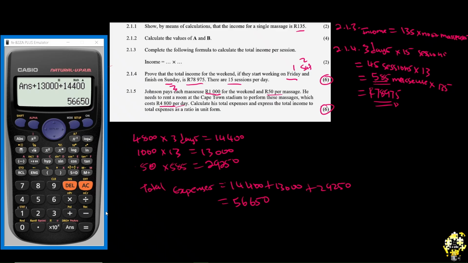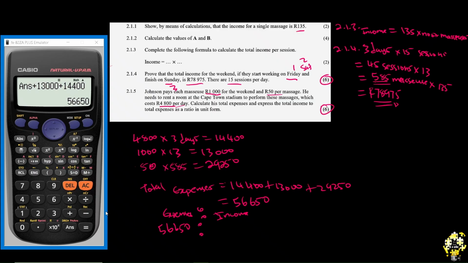Now they said that we should express total expenses as a ratio. So we are going to say that expenses is to income. So expenses, it's 56,650 is to income.